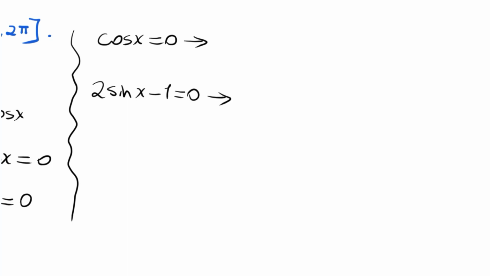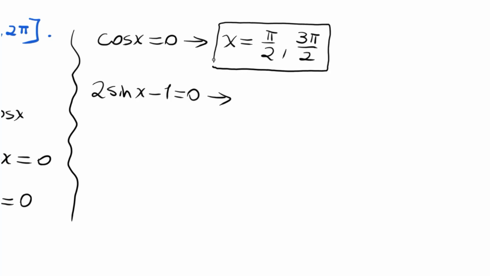If cosine x is 0 from our interval, we can say x can be 90 degrees or 270 degrees. So our first two roots are here, pi over 2 and 3 times pi over 2. And from the second one, we will write 2 times sine x is equal to 1 and sine x is equal to 1 half.